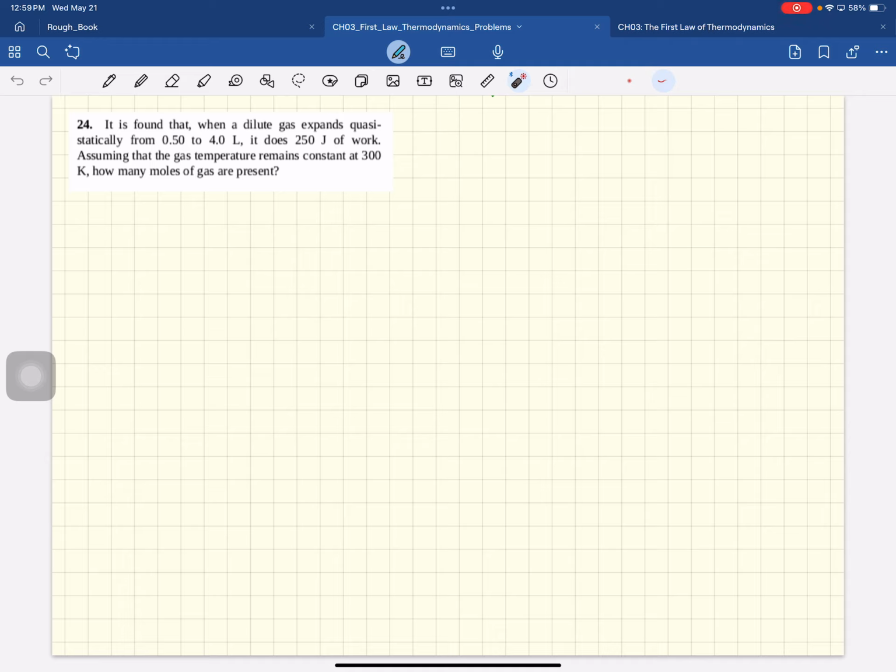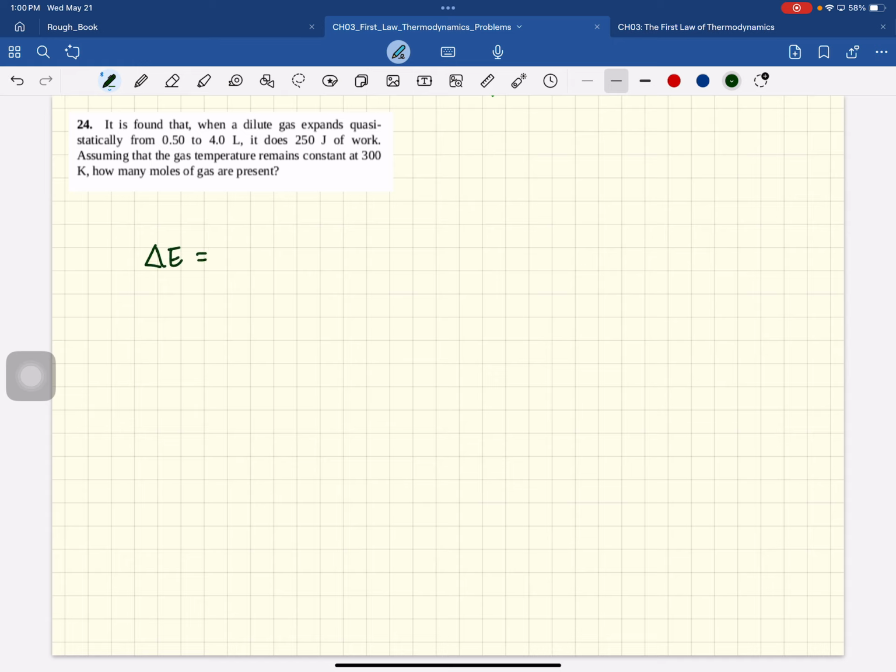So we'll always use the ideal gas law. Quasi-statically from 0.4 to 4 liters, it does 250 joules of work. Assuming that the gas temperature remains constant at 300 degrees Kelvin, how many moles of gas are present?